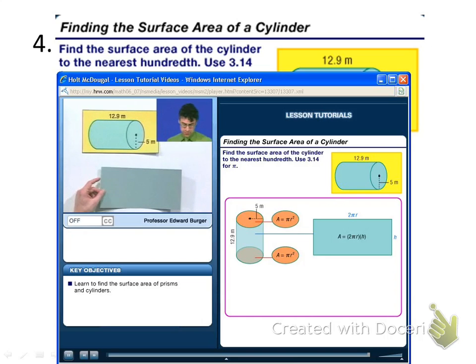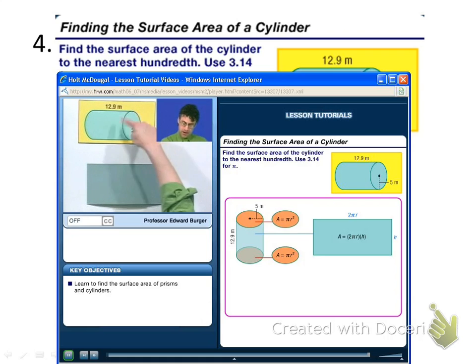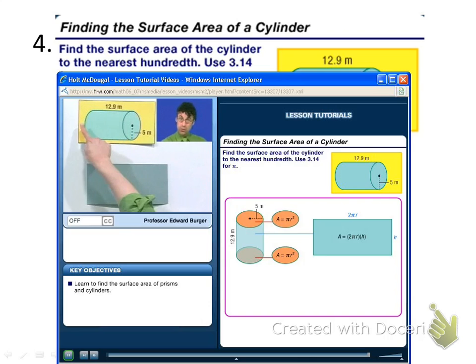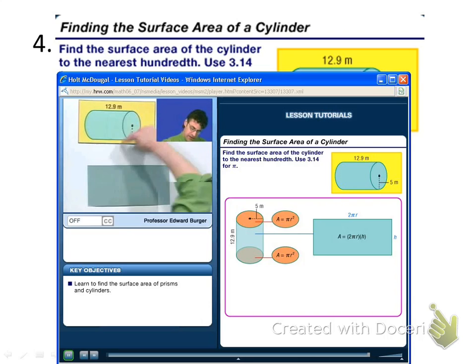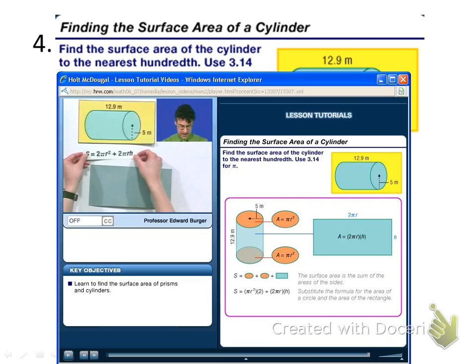So we could actually produce the following formula. To find the surface area of this cylinder, I take the area of this circle, which is pi r squared, and I double it because I've got one on the back end. And then to find the area of this, I have to add to it this area, which is the circumference, which is 2 pi r multiplied by the height of the cylinder. And in fact, that's our formula. S equals pi r squared times 2 plus 2 times pi r h.